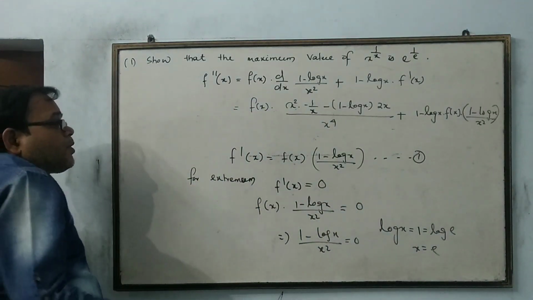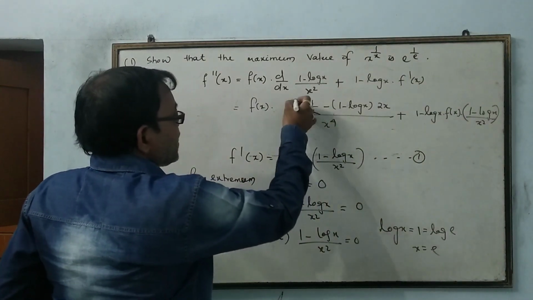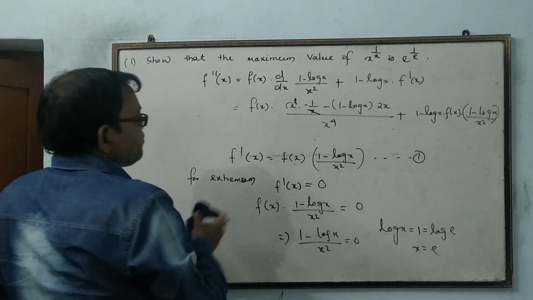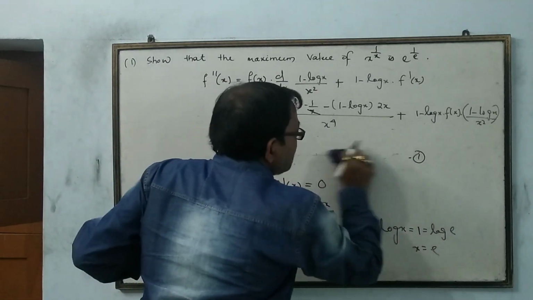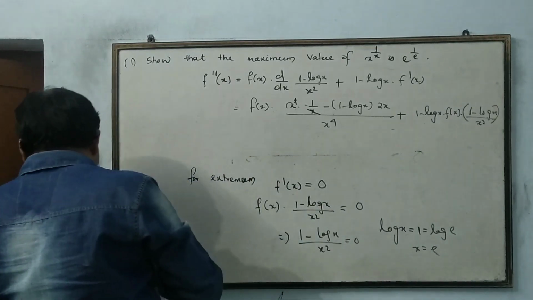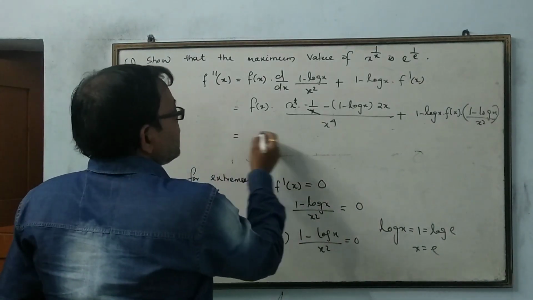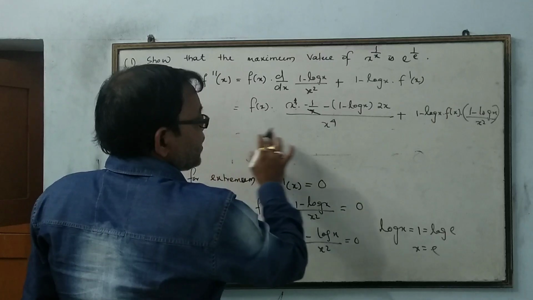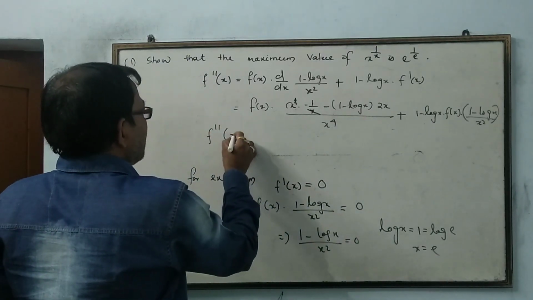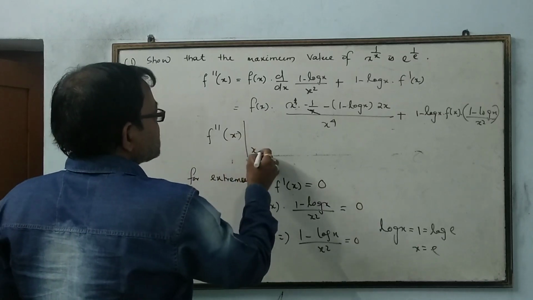Now f dash x is equal to x square and x will be cancelled. So f of x would take the form of f dash of x, and then f double dash of x at x equal to e.